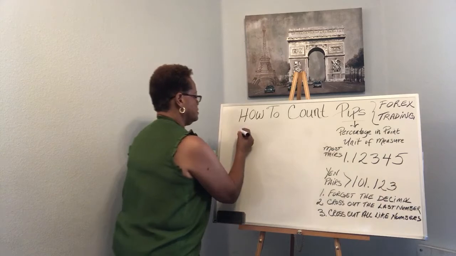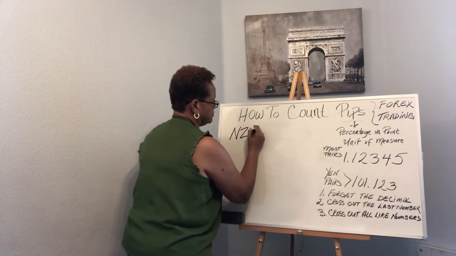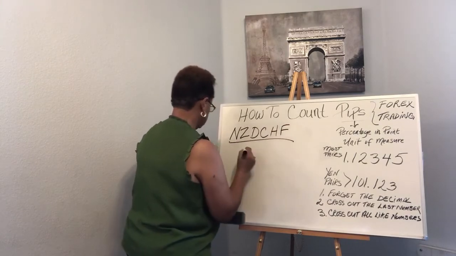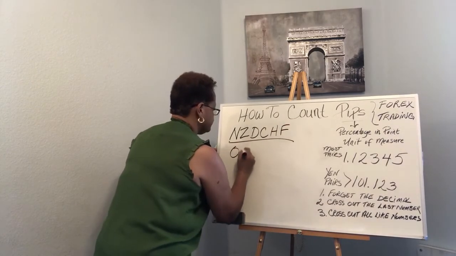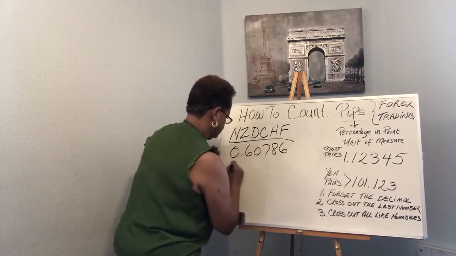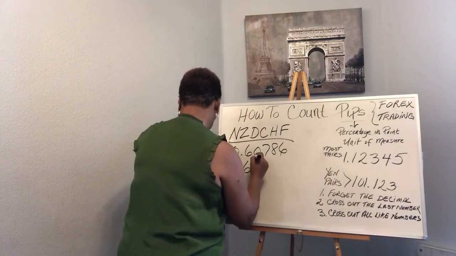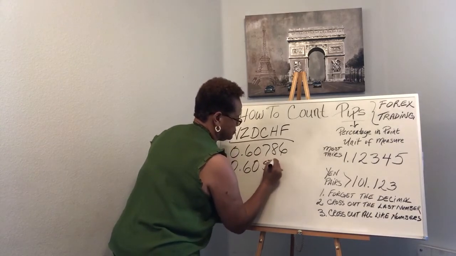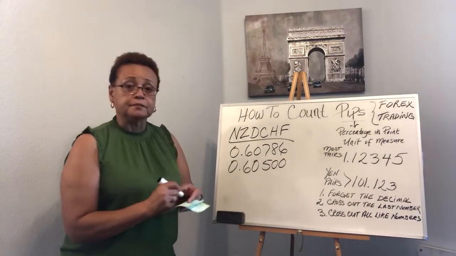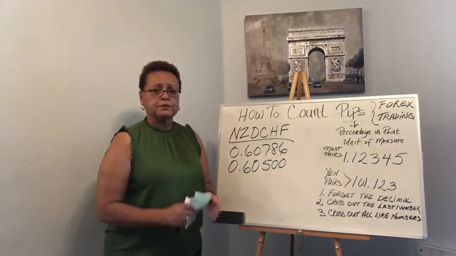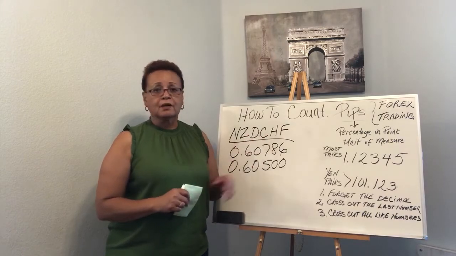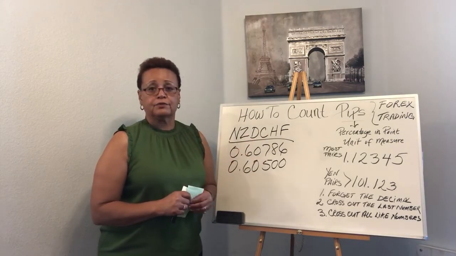This time I'll do the New Zealand Swiss pair. All right, now my numbers. The rule is to forget the decimal again, cross out the last number and all like numbers.